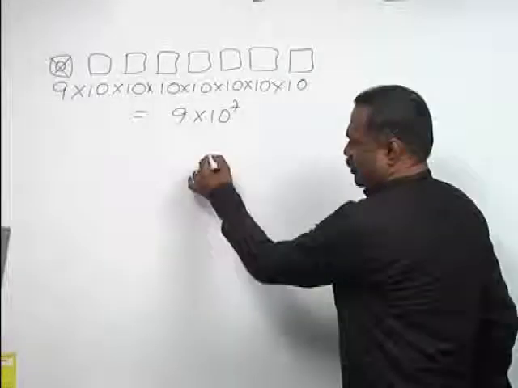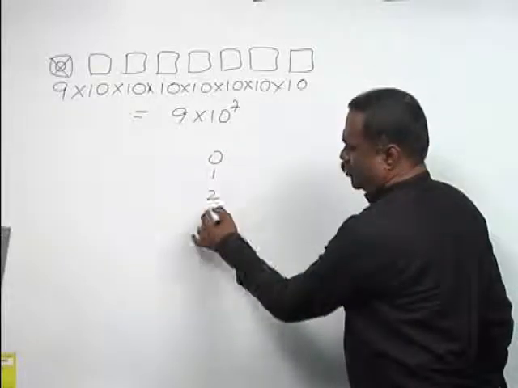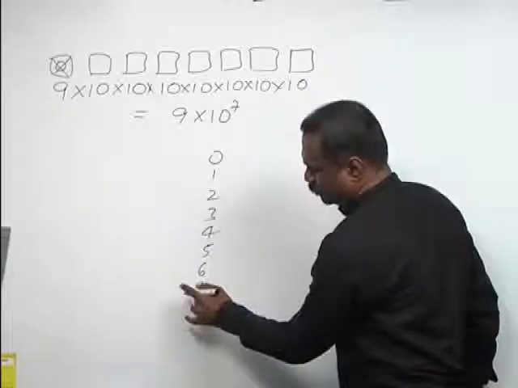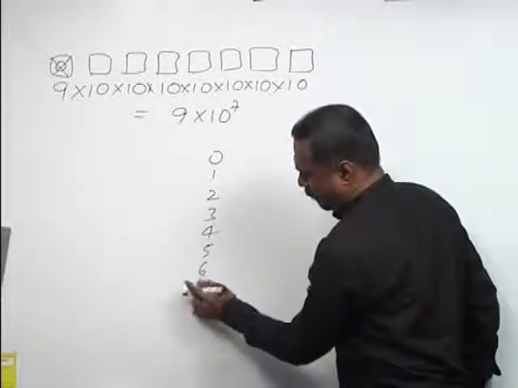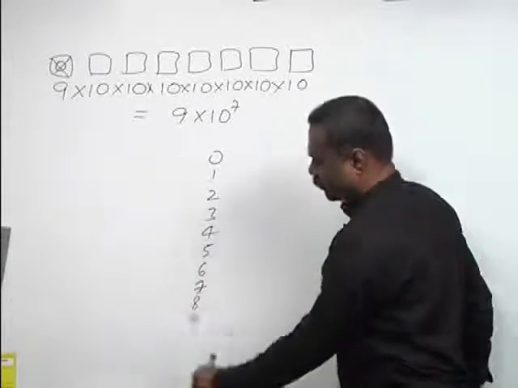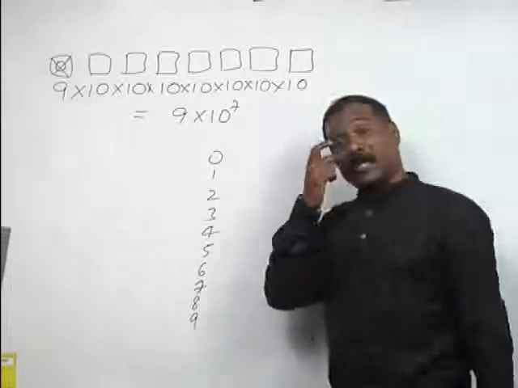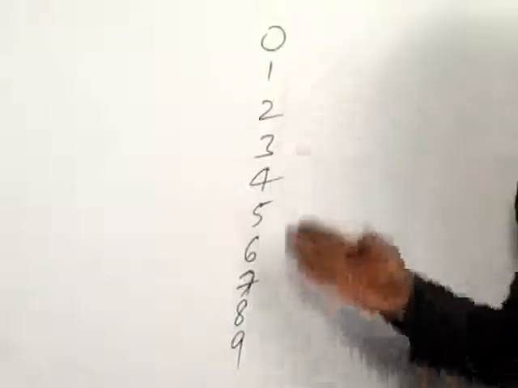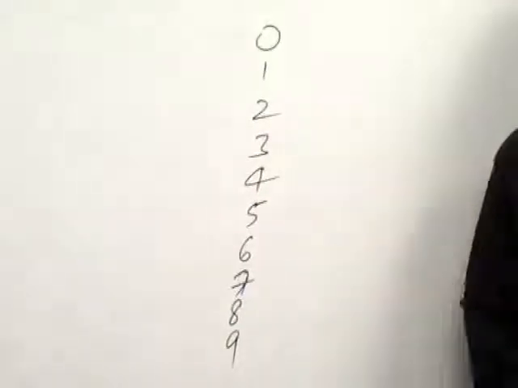If I write the digits 0 to 9, among these, how many are even, how many are odd?